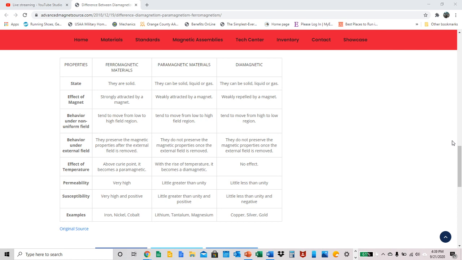We want to surround our instruments with material that has a high permeability, so that the magnetic field will be attracted to the material surrounding the instrument rather than the instrument itself. So ferromagnetic materials permeability is very high. Paramagnetic materials permeability is a little greater than unity. And diamagnetic materials permeability is less than unity.